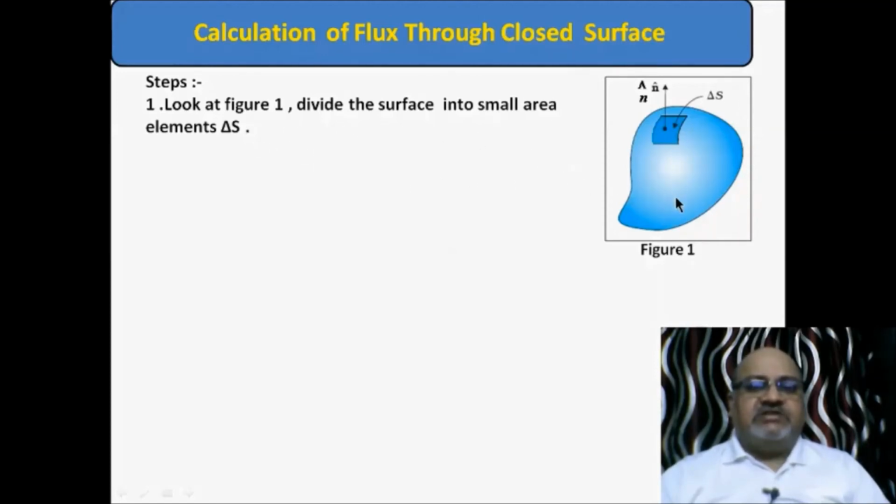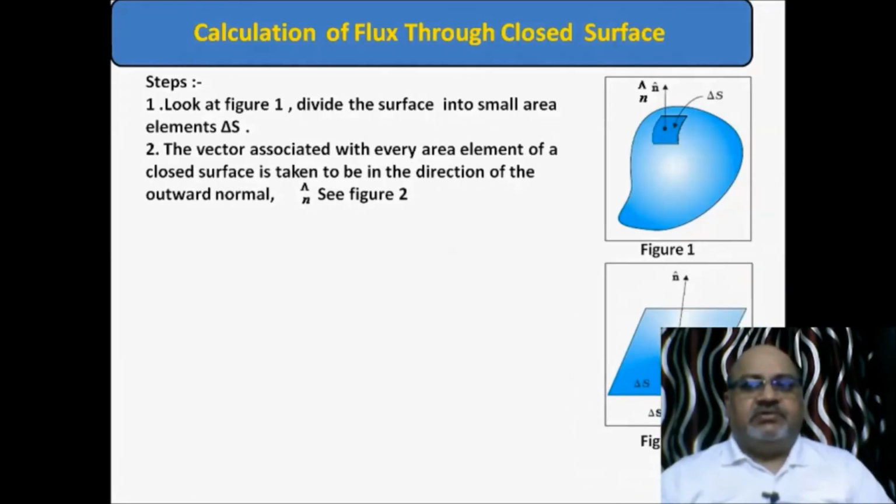We divide the surface into small area elements, and this delta S is one such element. So first thing, we divide the surface into small area elements. dS is one of those elements, and we draw a normal at this point, and n cap is the unit vector along the normal, or you can say this is the direction of the area vector dS or delta S.